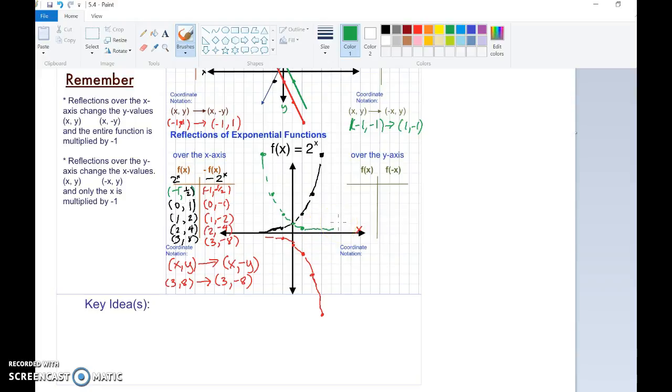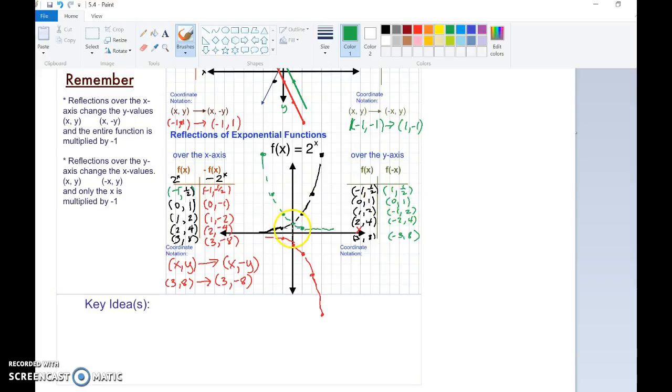All right. Now, let's take a minute and record all of these points. So we can record the exact same points that we had for 2 to the x over here where it says f of x. And then we're going to record the opposite points, or the reflected points, underneath f of negative x. So let's do that. Okay, I've gotten them all written in, and you can see that negative 1, 1/2 was my original point here, and my reflected point is right here, and it's written as 1, 1/2.